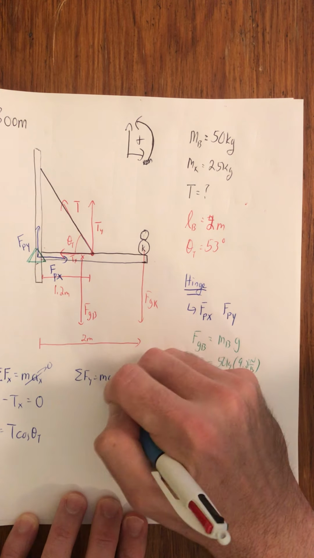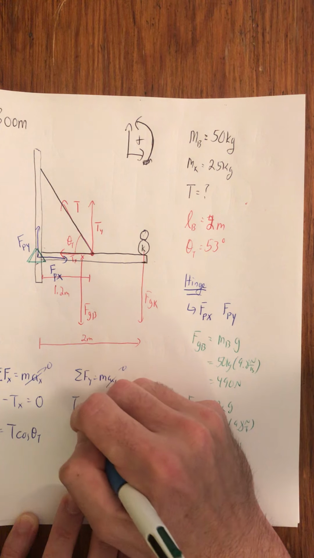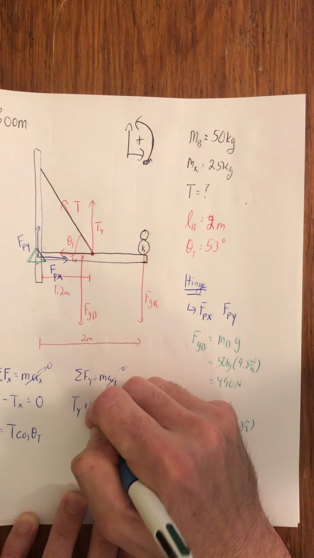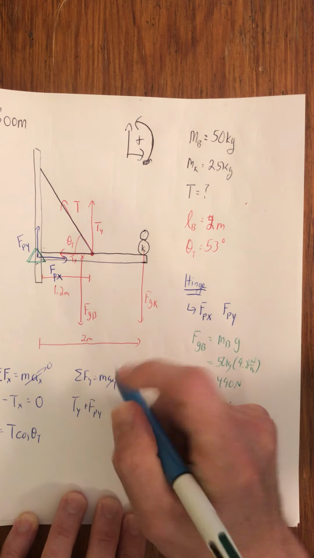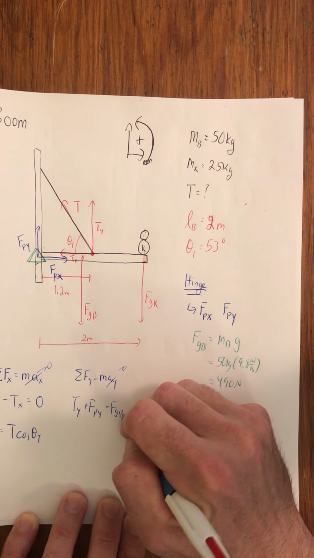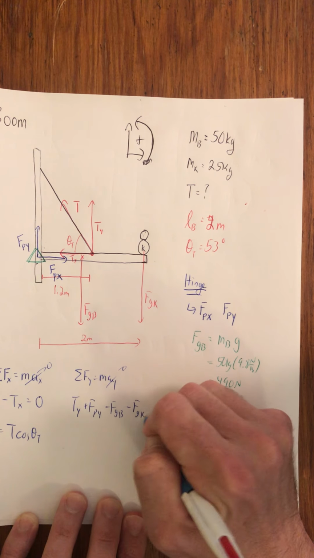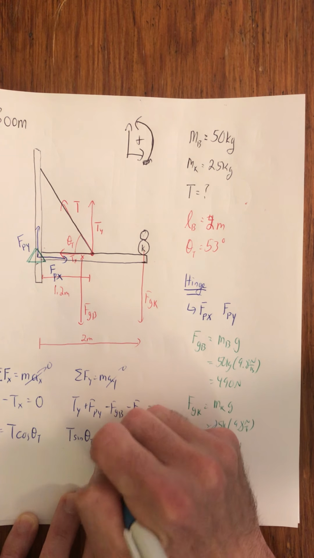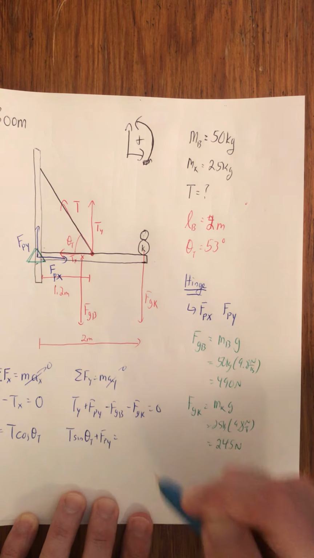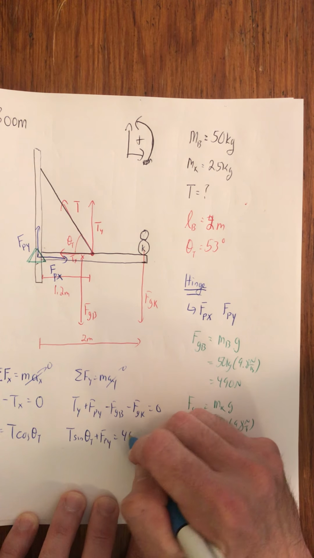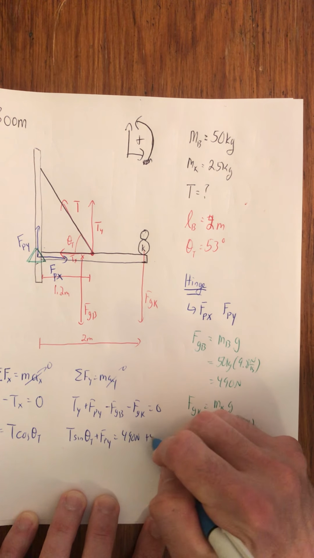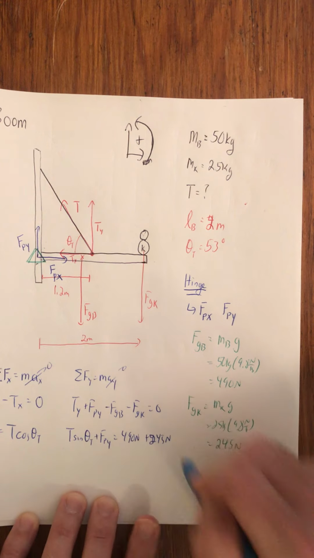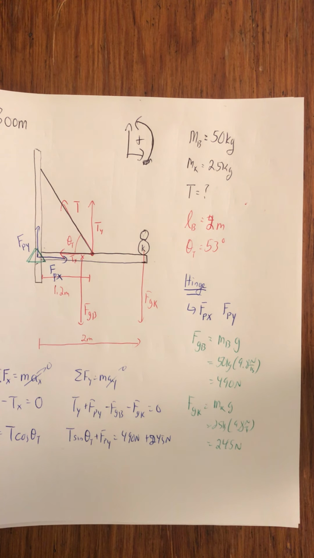We know that that's going to go to 0. And so I've got TY plus FPY minus FGB minus FGK is equal to 0. Or T sine theta T plus FPY is equal to 490 newtons plus 245 newtons, because we always want to plug in, we can bring the equations down.